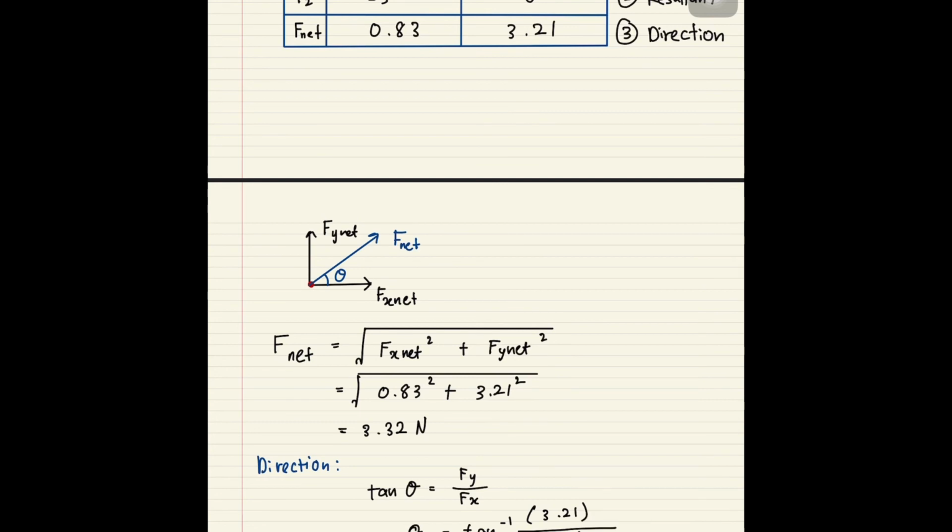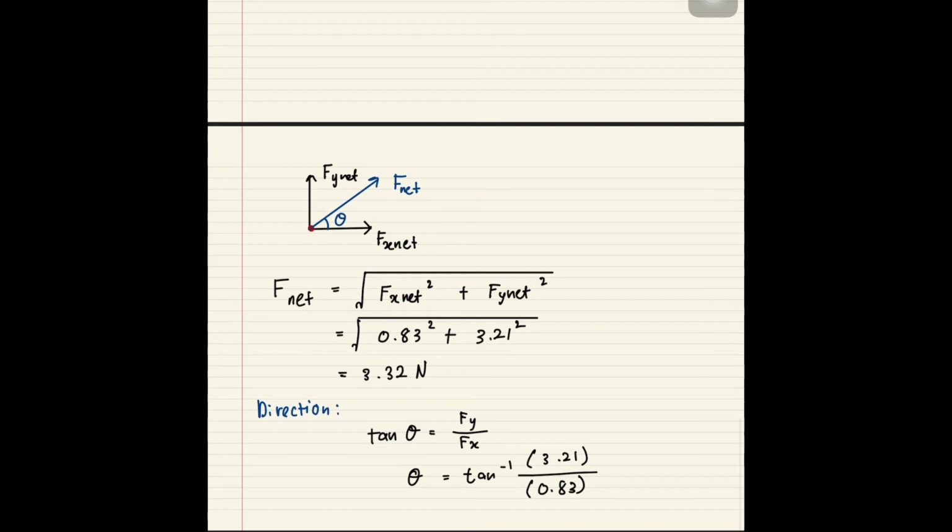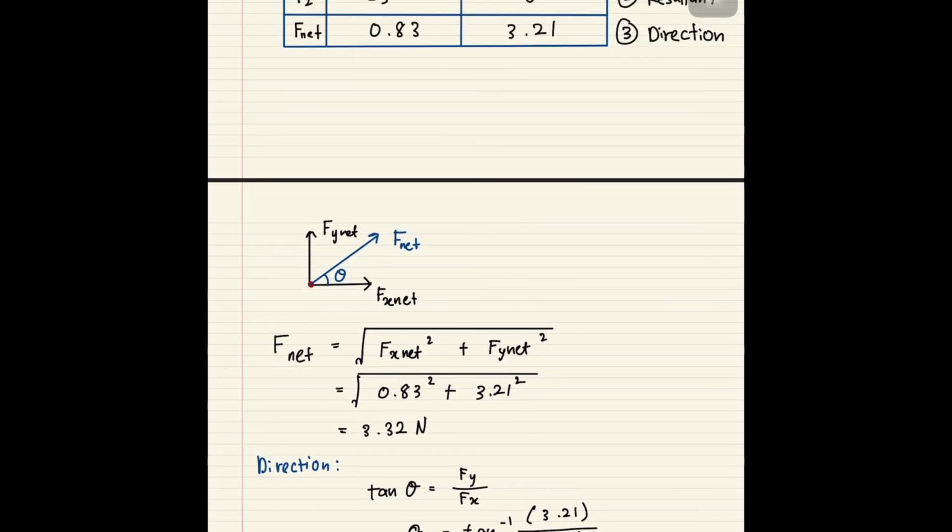Oopsie. You might be running out of space. So what I'm going to do, I'm going to bring this one a little bit further up. Okay. You just press your calculator.